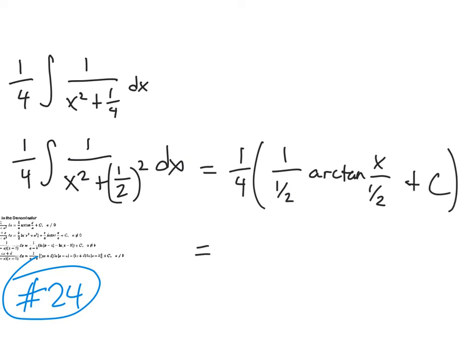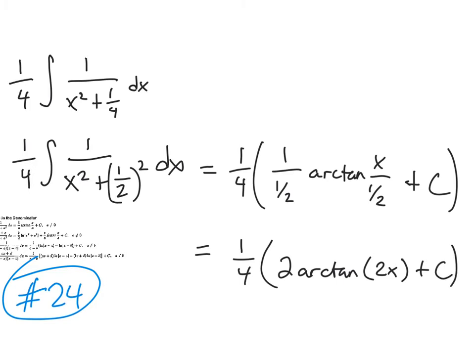And then simplify that to get 1/4 times 2 arctan of 2x, because dividing by half is the same as multiplying by 2, plus c. And then there's no reason I have to leave that factor of 1/4 out there. I can just rewrite that as 1/2 arctan of 2x.